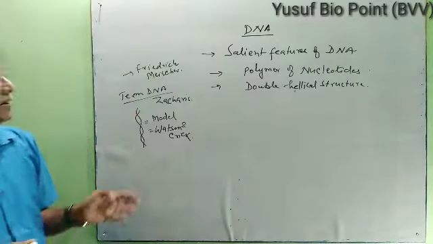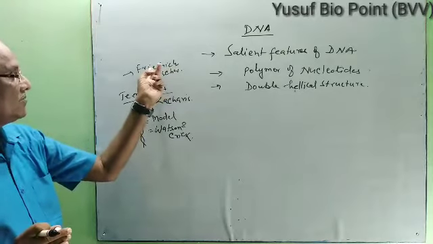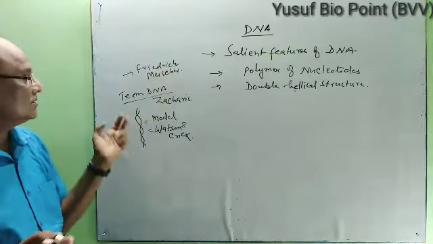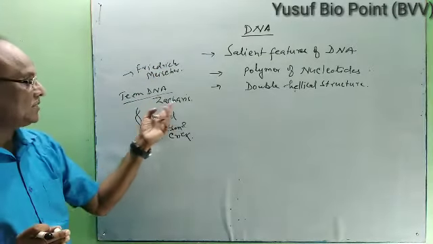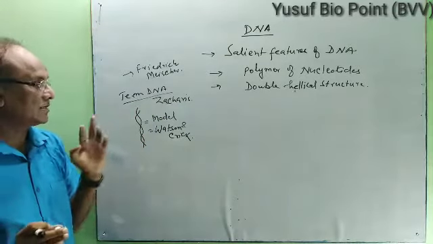So nucleic acid was discovered by Frederick Miescher, the term DNA was used by Jacques, and the model was given by Watson and Crick.